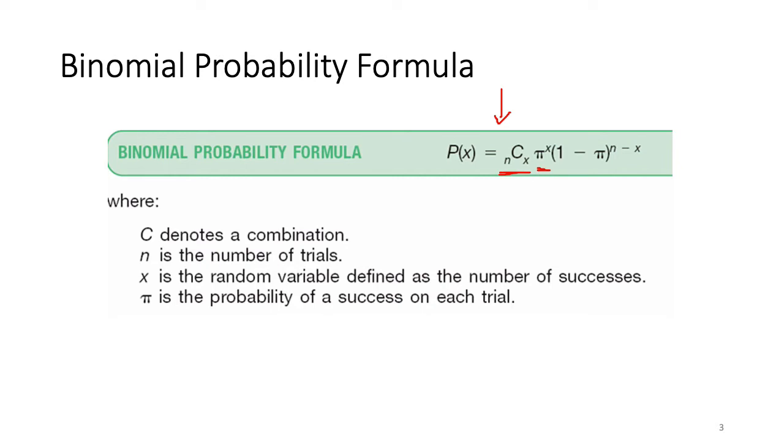Pi is the probability of success on each trial, and that will be consistent across the problems that we work with. And then the last part is 1 minus pi, which is the probability of failure. If pi is the probability of success, 1 minus pi is the probability of failure. And this is raised to the n minus x, which is, again, the number of trials minus the number of successes. Let's work through this with an example.